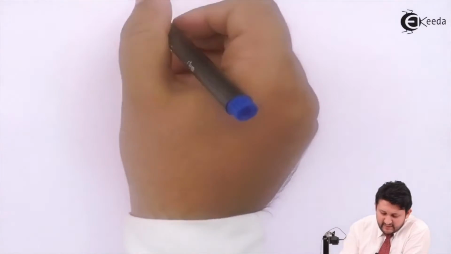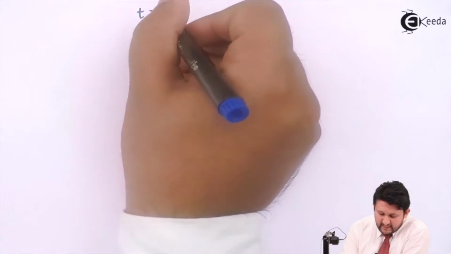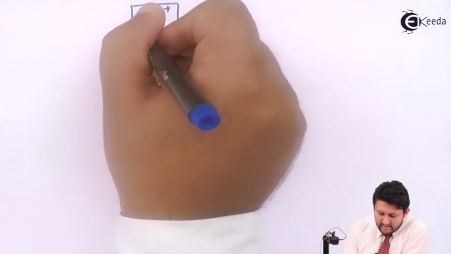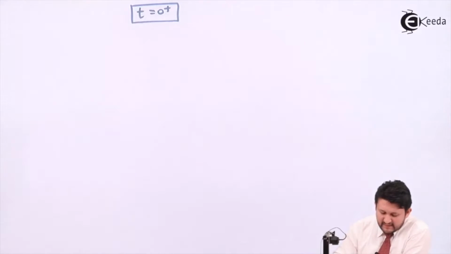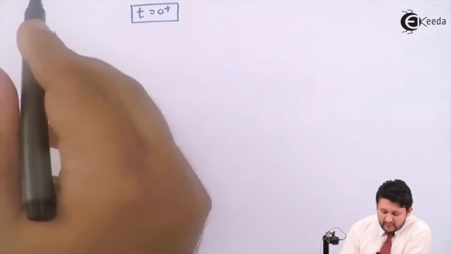Second case. The second case condition is given as t equal to 0 plus condition. When I say t equal to 0 plus condition, my dear friends, that means my circuit will remain closed.